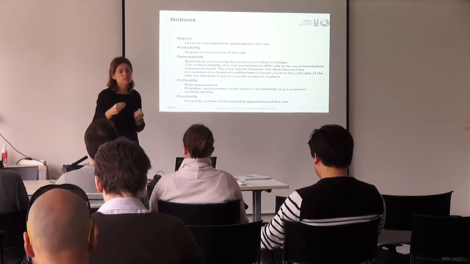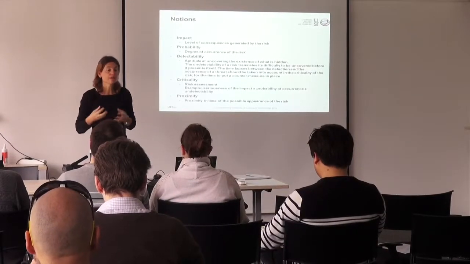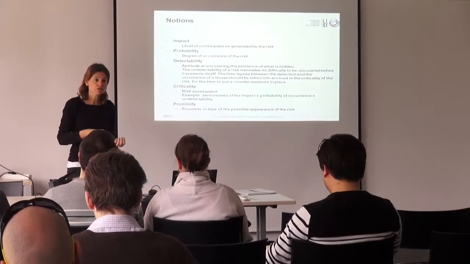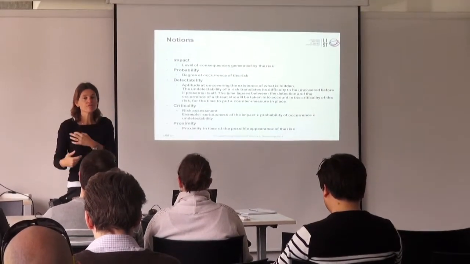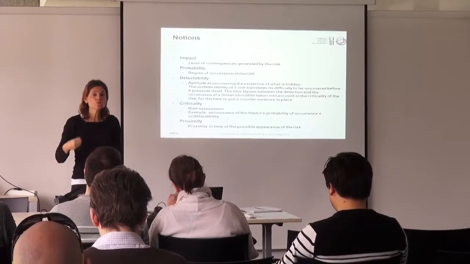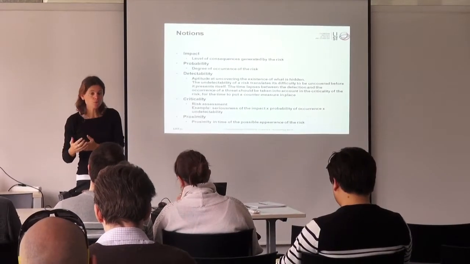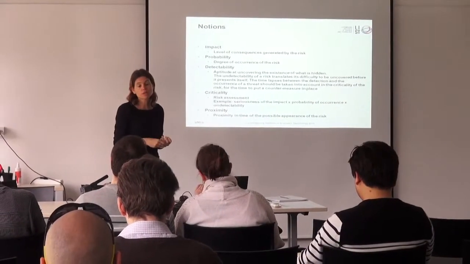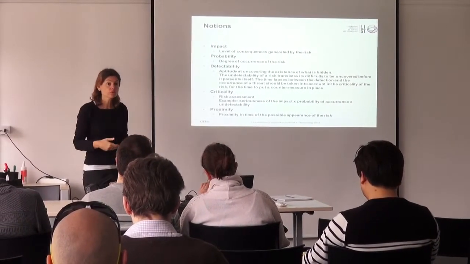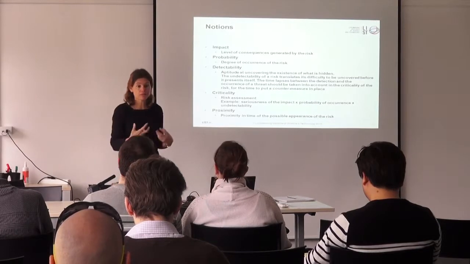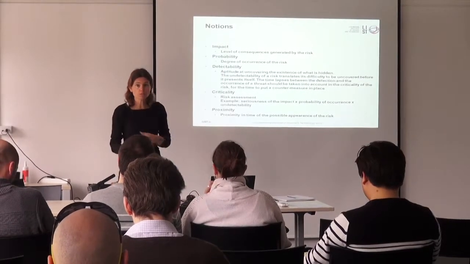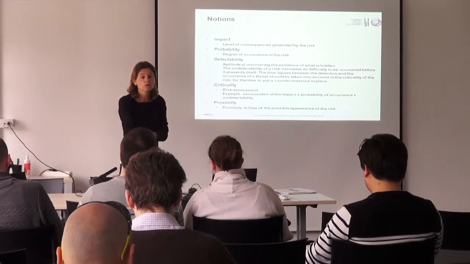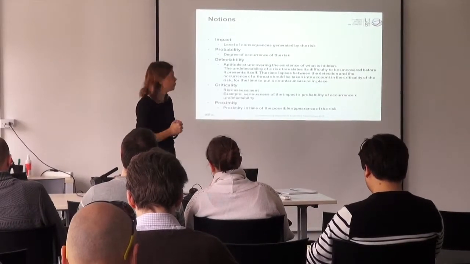So this notion of detectability. There are some risks that are more detectable than others, and so this one will have less consequences because you will know really quick that the risk has occurred. Whereas for other risks, you will not know that the risk is already there, that the event is there, and that the consequences are starting to add up.